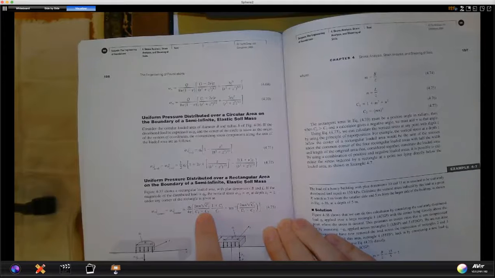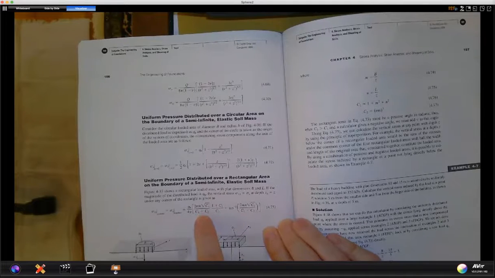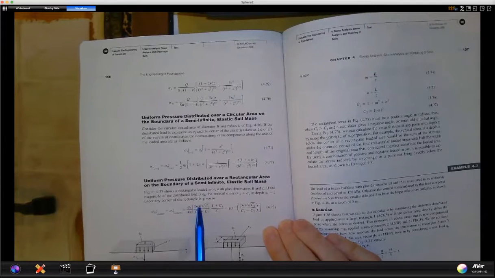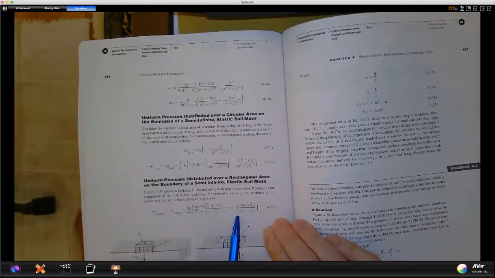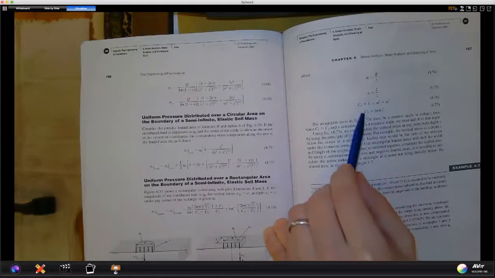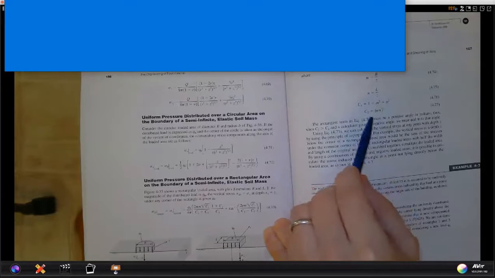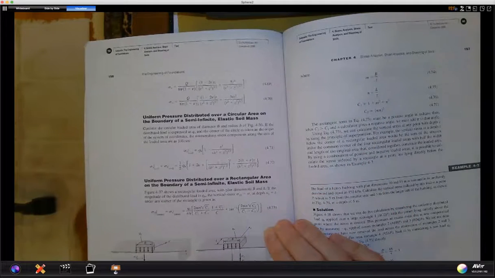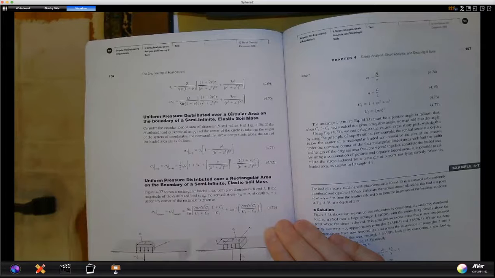And it looks reasonably, say, harmless, except you'll see that embedded within here are M and N. Those are familiar from the M and N chart that we've been using with Boussinesq. And you'll also see a C1 and a C2 embedded in the equation. And if you make replacements for those with what C1 and C2 are, which is on the next page, page 157, expression, it's extremely handy to just grab numbers directly.